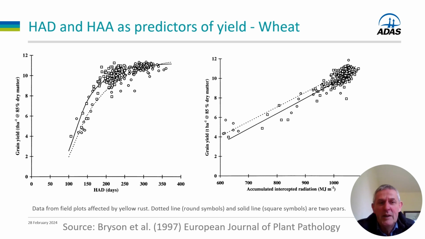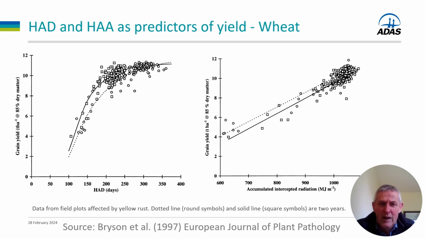And you can see that the relationship between HAD and yield is curved, and that's a result of the fact that the size of the crop canopy at any point in time is related to the amount of light interception through Beer's law, which we looked at in a previous video, which is also curved.